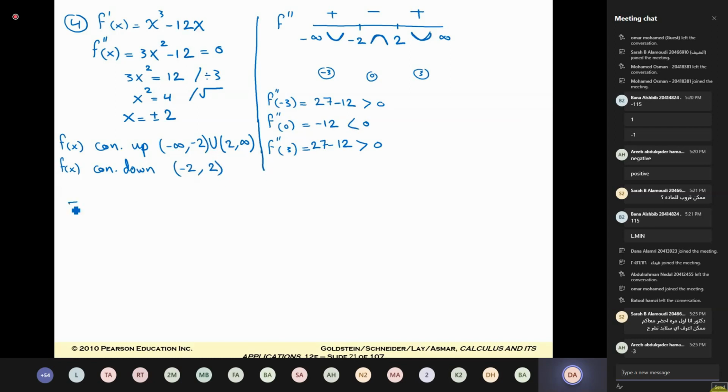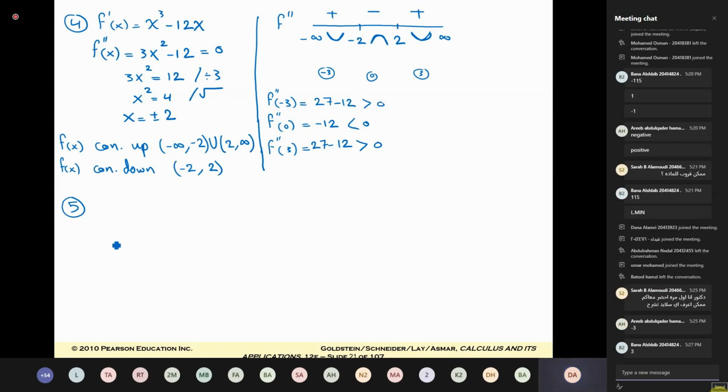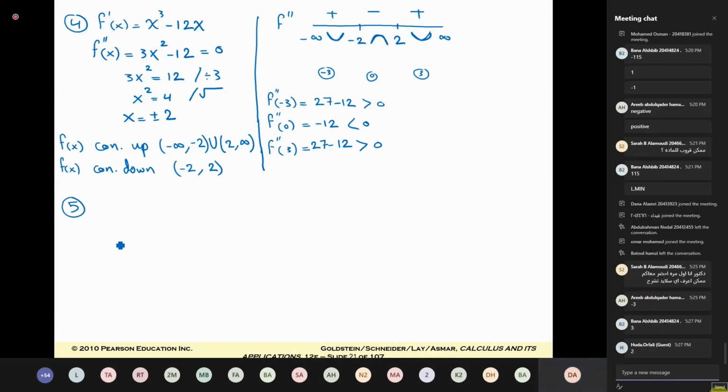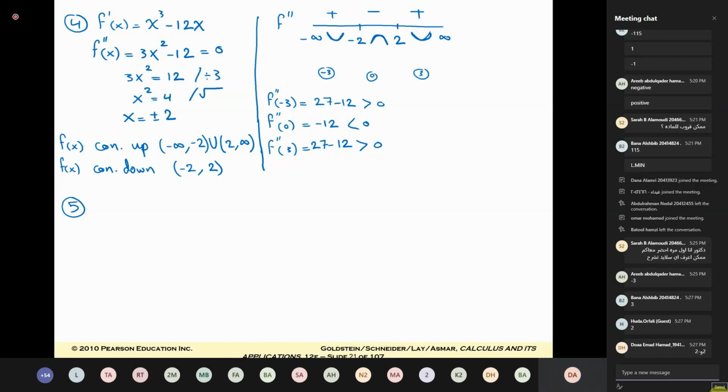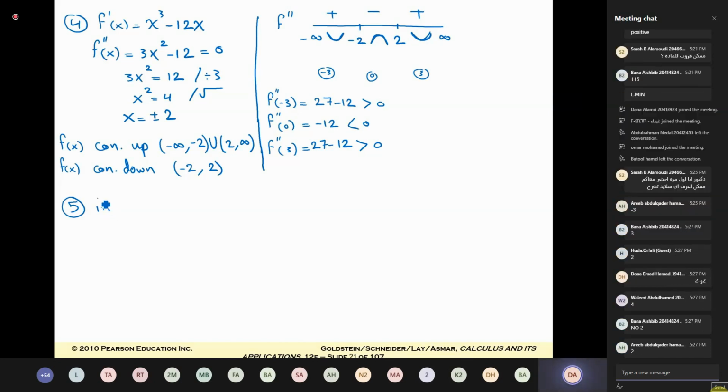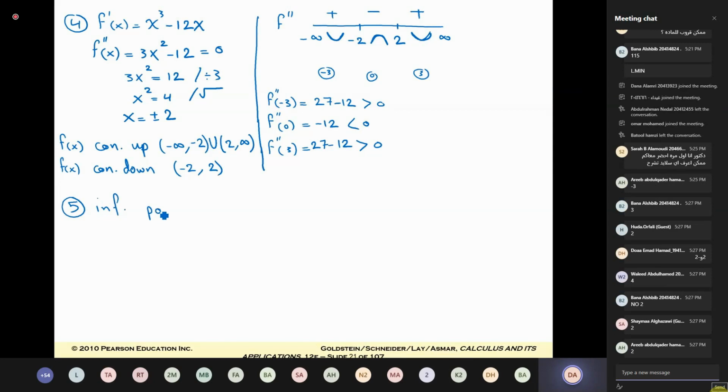Number 5, inflection point. How many inflection points here? We have 2 inflection points.